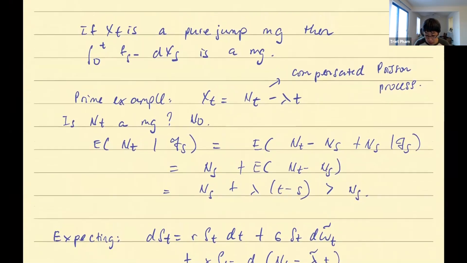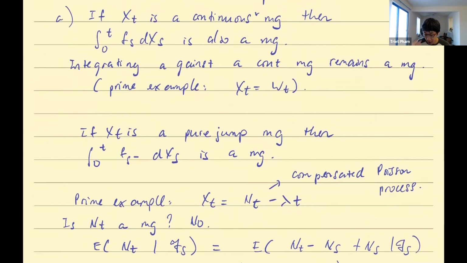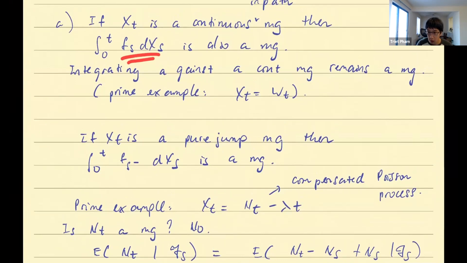Now, let's try to see intuitively why, if something is a pure jump martingale, you need something like this for it to remain a martingale when you integrate. In other words, why won't this work? The intuition is that we say this is a martingale, so it's just like a process that moves up and down.